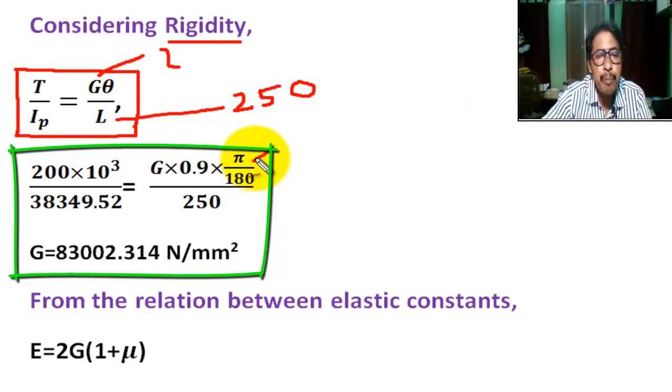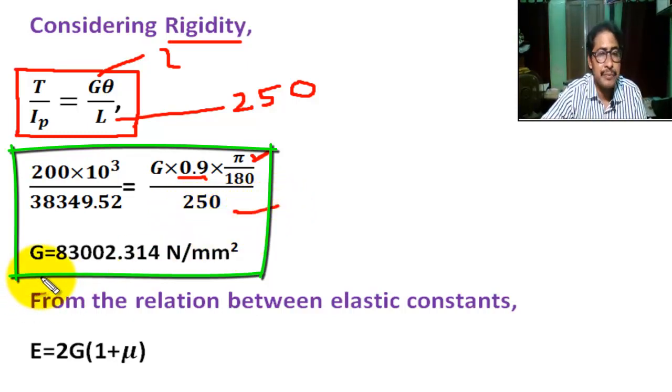This is to change the degree into radian, and length, experimental length for torsion test L equal to 250 millimeter.